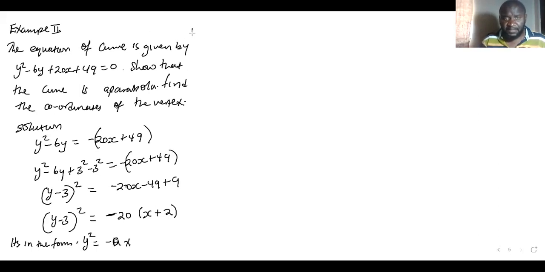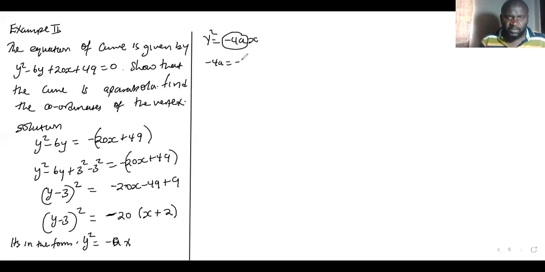If it's positive, it's a horizontal positive parabola, that is if you have y squared. One can write it as y squared is equal to negative 4ax. Now the whole coefficient here, negative 4a, is equated to negative 20. You see that the value of a can be got as 5.